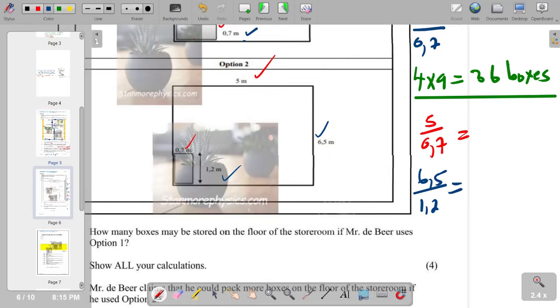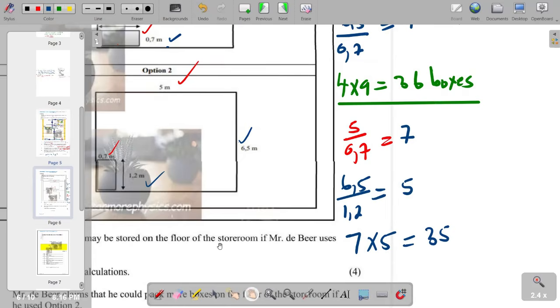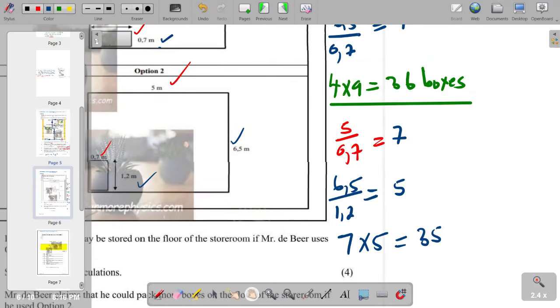So 5 divided by 0.7, you get 7, and 6.5 divided by 1.2, you get 5. To get the total number of boxes, we write 7 times 5 and we get 35 boxes. So that is on the second part.